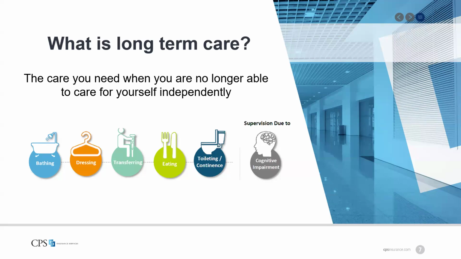Completely separately, if you have any type of cognitive issue, that would also turn the benefits on. Cognitive issue that requires supervision. So I typically like to give people an example. I find arthritis is a great example because people can imagine that as you age, could you imagine yourself getting arthritis? You lose the dexterity in your fingers, and now it's a little bit difficult for you to bathe in the shower.